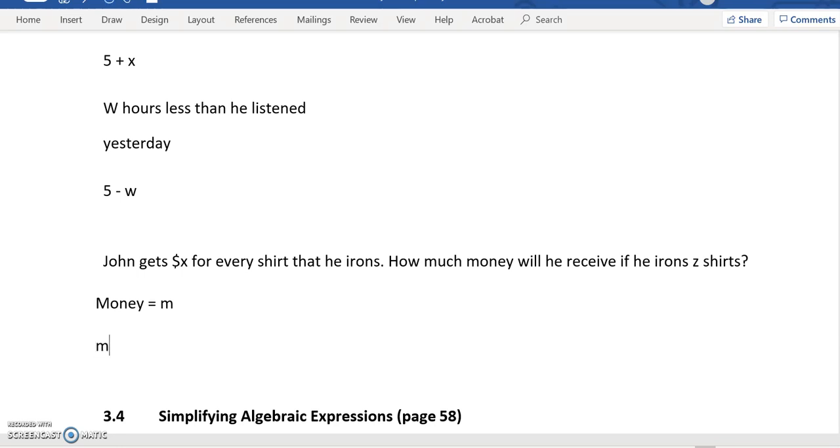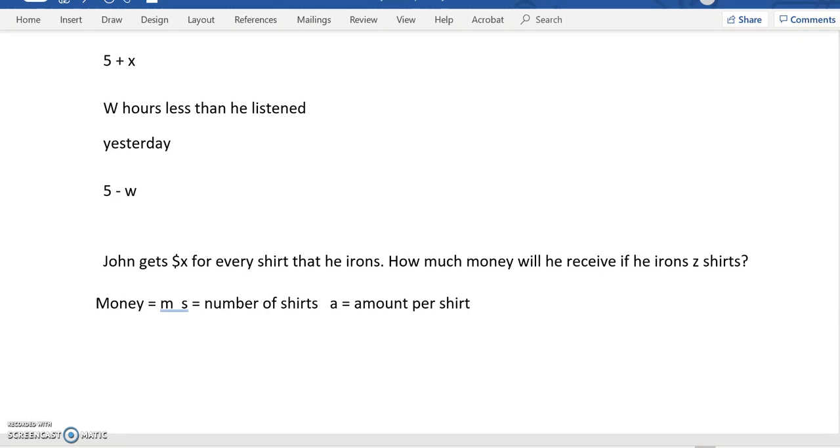In this case, the money is going to equal, we might set up the other ones as well. We'll say S equals number of shirts, and A equals the amount per shirt.